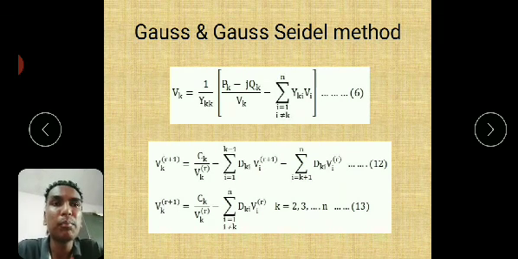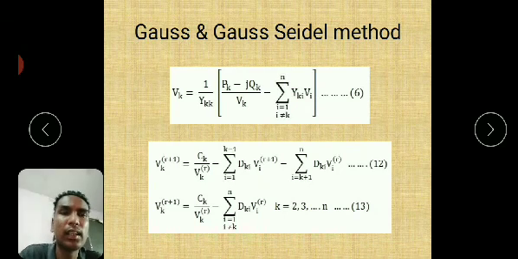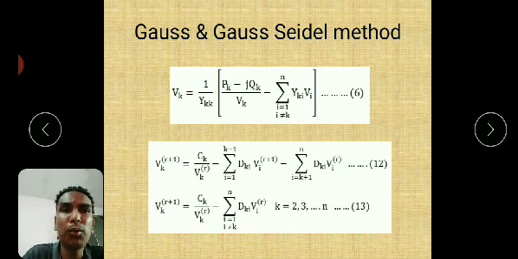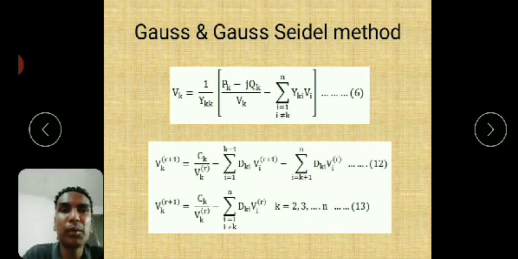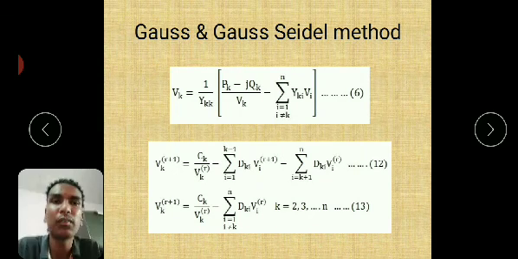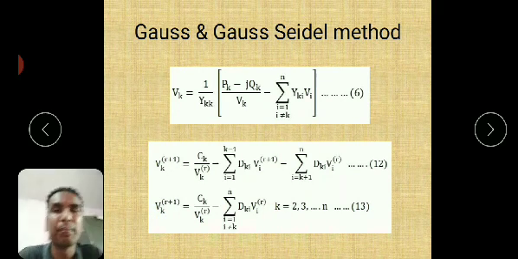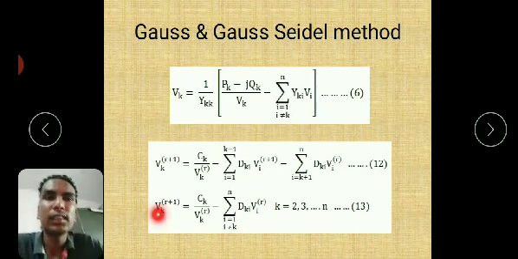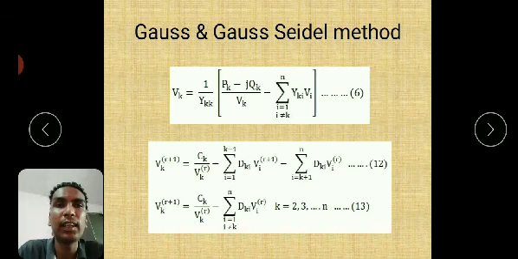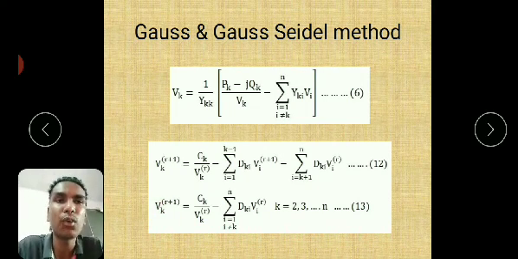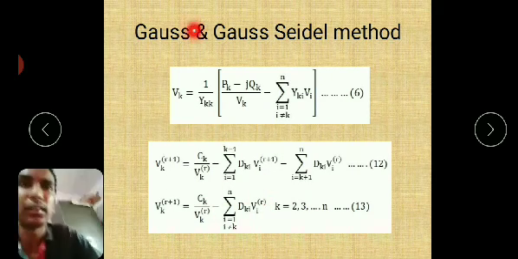So the number of iterations is definitely more to solve the equation, because we are not updating the iteration value at each step. In the Gauss method, the modified iterative value of Vk is not used in this equation.